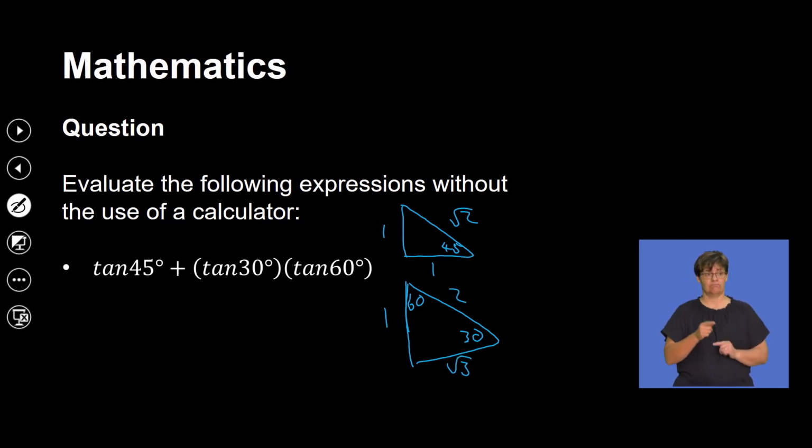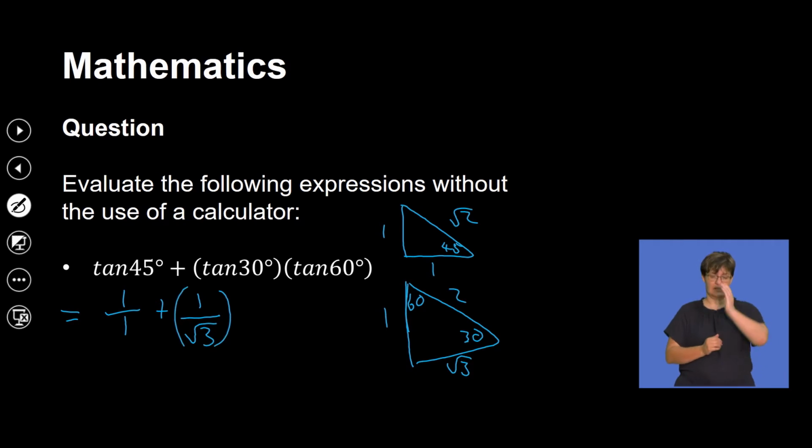And then your definitions accordingly, tan 45 will be opposite over adjacent, that's 1 over 1, plus tan 30 will be opposite over adjacent as well. So the opposite of 30 is 1, the adjacent of 30 is root 3. I will multiply this by tan of 60, which is also opposite over adjacent.